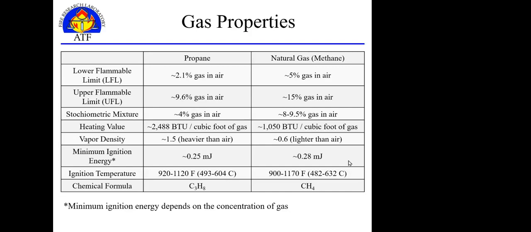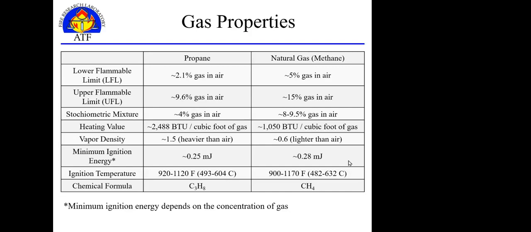So, compare that to methane. I should preface these by saying the values change ever so slightly depending on what reference you're looking at. But natural gas has a flammable mixture of between about 5 and 15%, or I think 4.5 to 14.5%, again depending on which reference you're using.